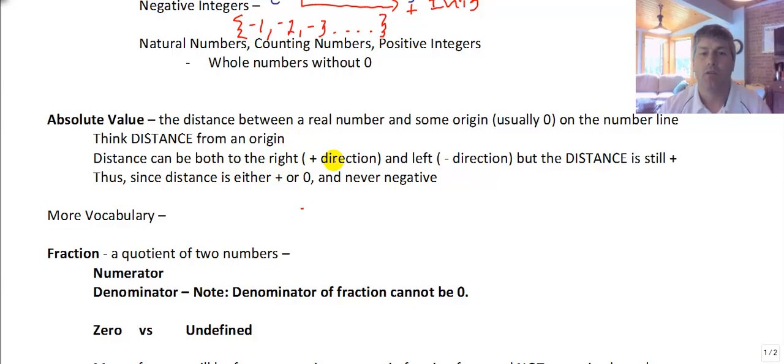Distance can be both to the right in the positive direction and left in the negative direction. But distance, the distance covered, is still positive. So thus, since any distance is either positive or 0, it's never going to be negative. And of course, you'll see the absolute value bar. So the absolute value of -4, if we take the absolute value, is 4.